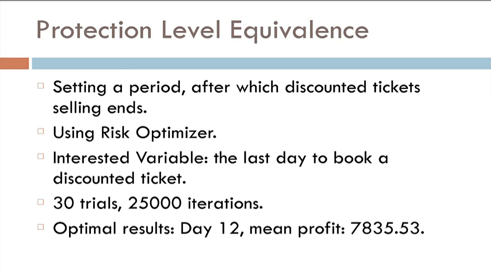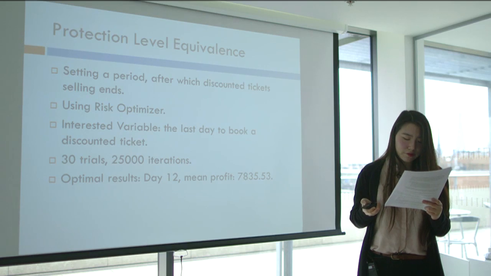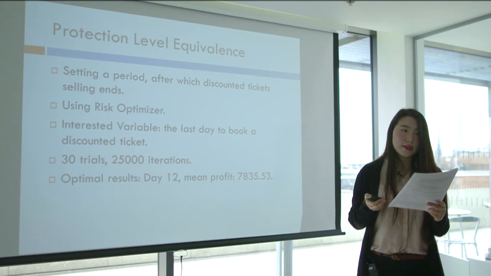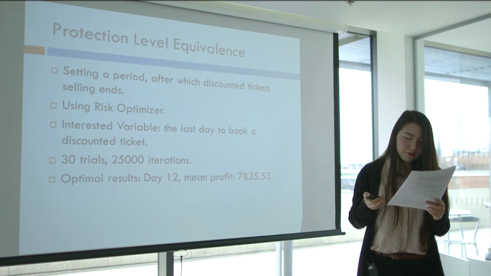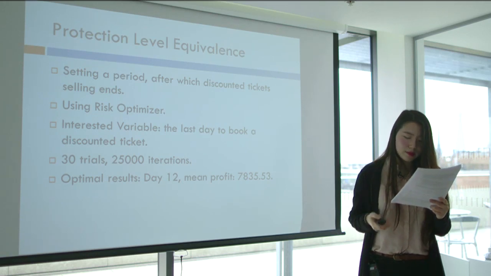So for example, if the last day to book a discounted fare ticket is set to be 12, that means the discounted fare tickets are withdrawn on day 13. Discounted fare tickets are sold starting from day 1 when the booking system opens through to day 12.